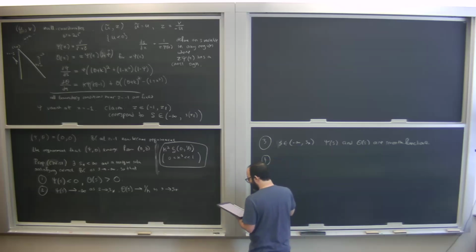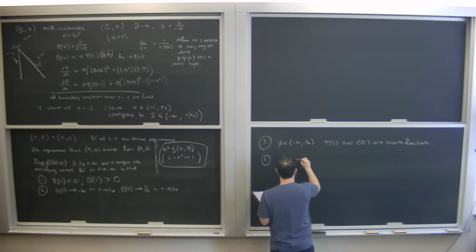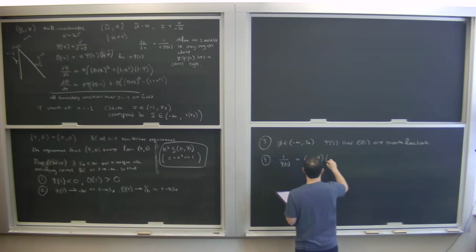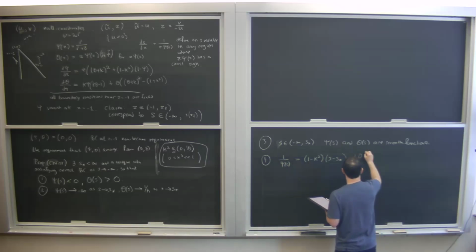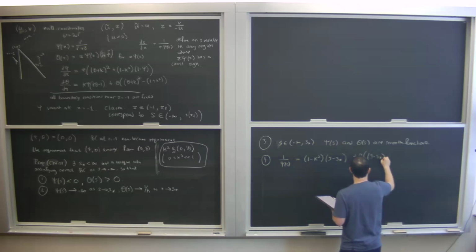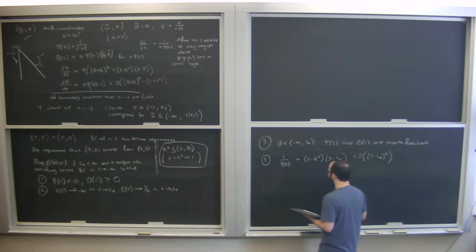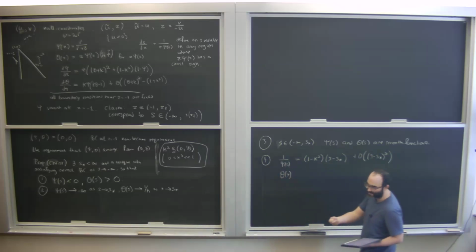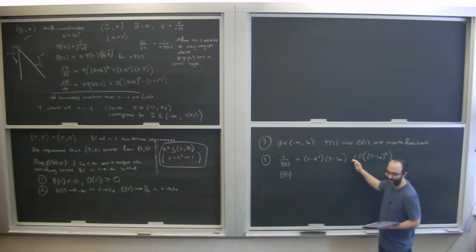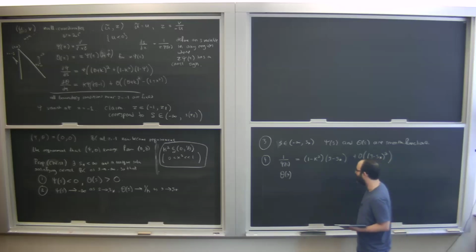Okay, so what he is able to show is that 1 over psi of s equals 1 minus k squared times (s minus s star) plus big O of (s minus s star) squared. It's not just that psi of s is diverging; you get a very precise description of the way that it's diverging.